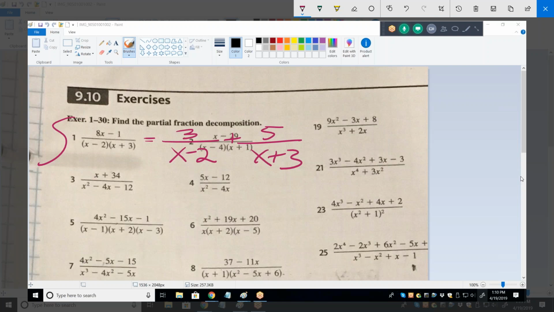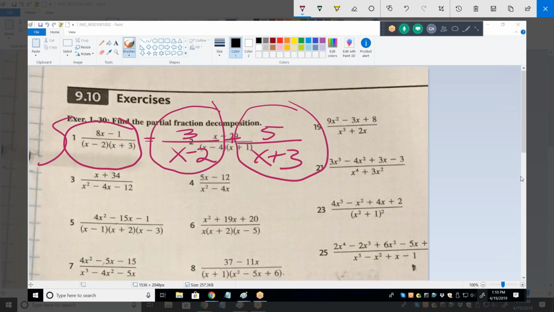It's fairly easy to integrate things that are being added together. It's extremely difficult to integrate things that have a denominator that's being multiplied together.